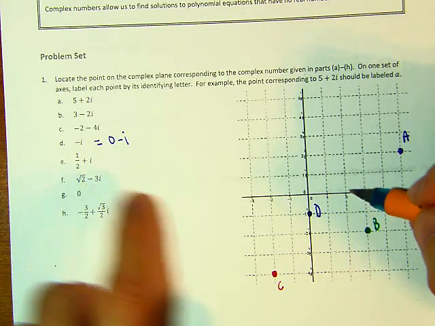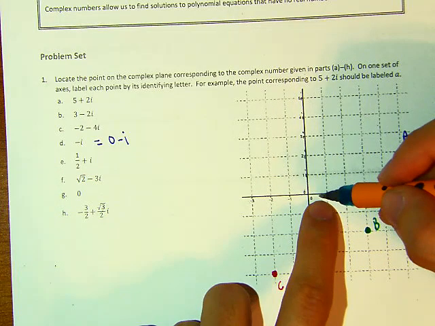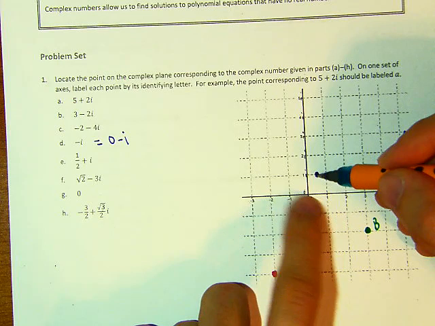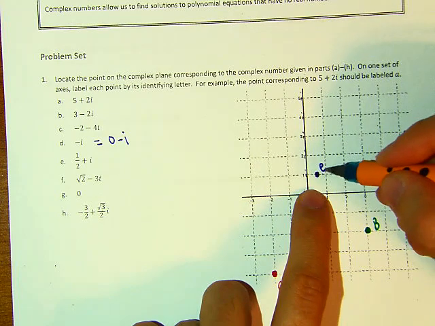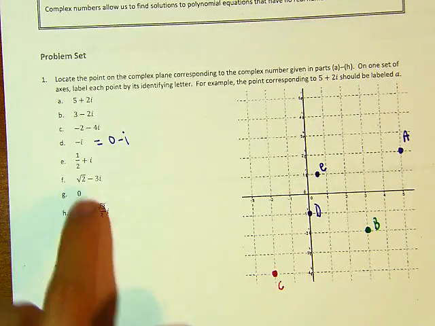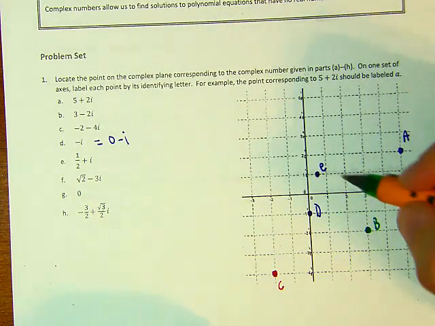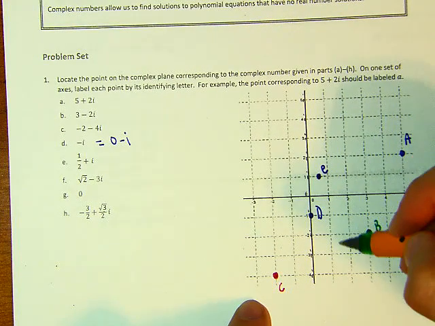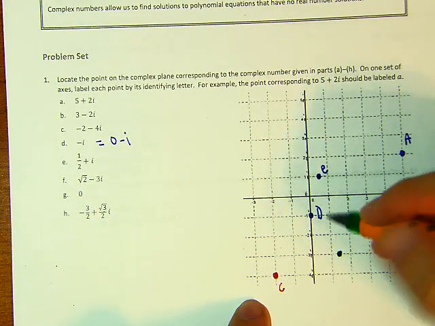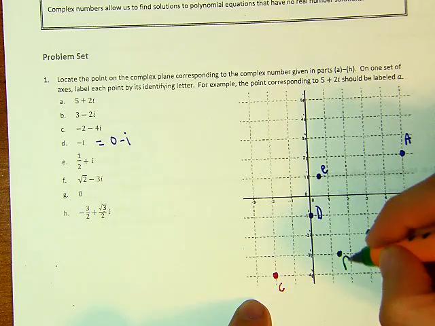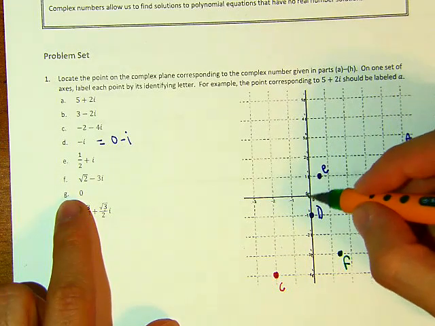E is 1/2 plus i, so 1/2 is here, and i should be right there. This would be E. Where would F be? Square root of 2 minus 3i. Square root of 2 is like here, minus 3i, so it's somewhere over here for F. Where is G? G is 0, that's just 0.